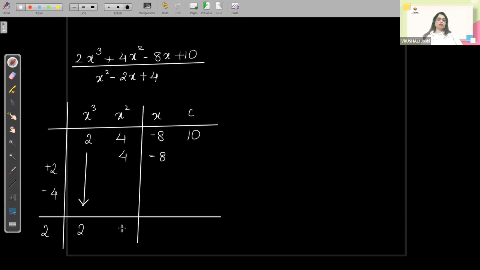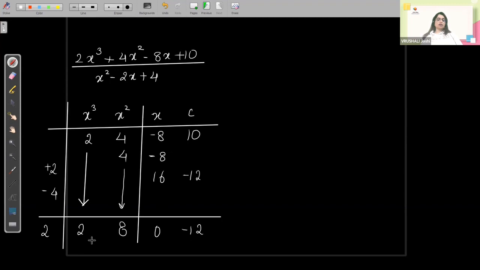So that will give you 4 plus 4, that gives you 8. Correct? This comes down. Now, 8 twos, you have a 16 here and 8 fours, you have a minus 32 there. Now, plus 16 minus 16, you get a 0, and you will get a minus 12 here.